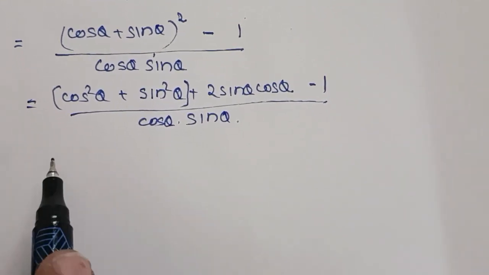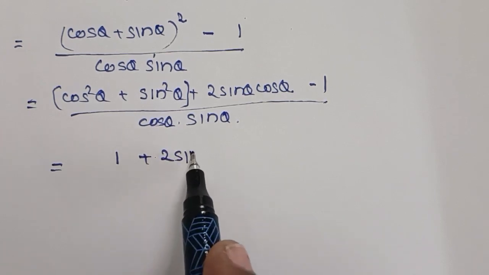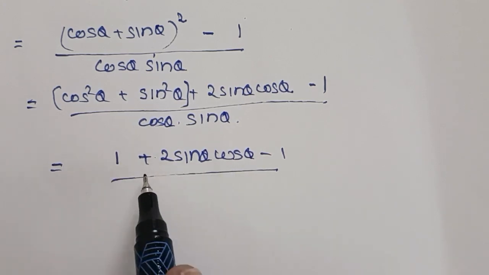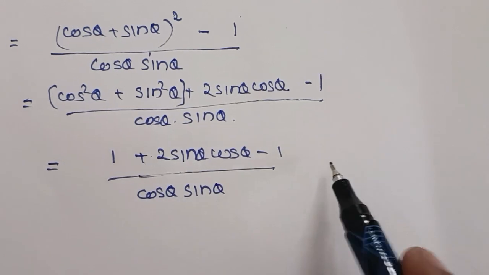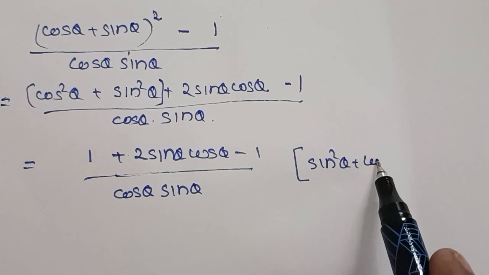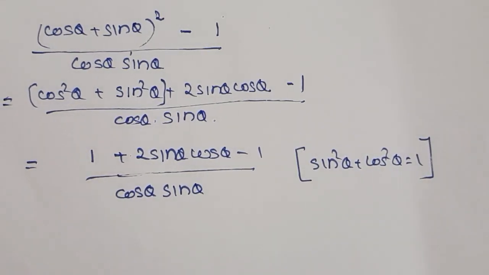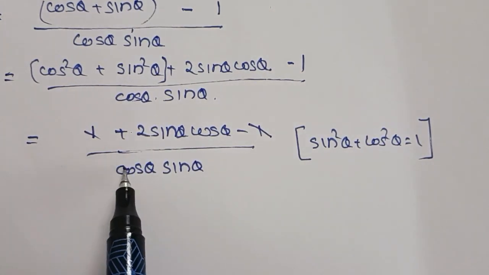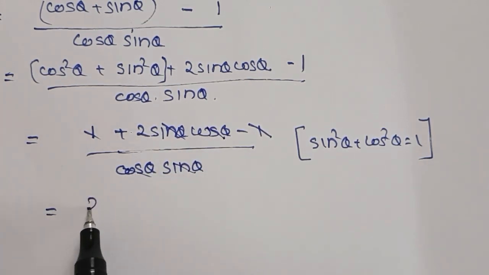So we can replace cos square plus sin square by 1, plus 2 sin theta cos theta minus 1, divided by cos theta into sin theta. Here we are using the identity sin square theta plus cos square theta equal to 1. Now 1 gets cancelled. Sin theta cos theta and sin theta cos theta also get cancelled. You get the final answer 2.